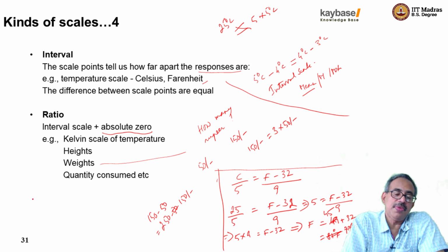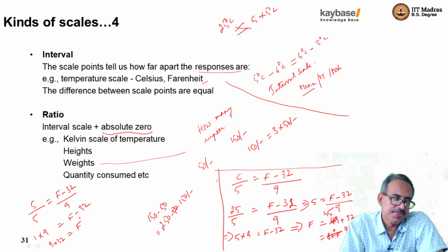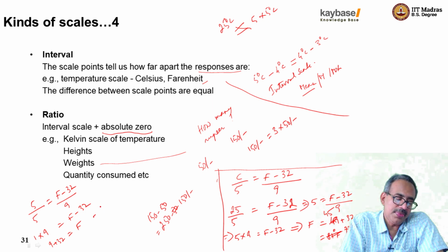Whereas the same thing you take now for 5. 5 by 5 equal to F minus 32 by 9. So 5 and 5 is 1. 1 into 9 equal to F minus 32. So 9 plus 32 equal to F. So that's equal to 41. Now 77 degrees is definitely not 5 into 41 degrees.